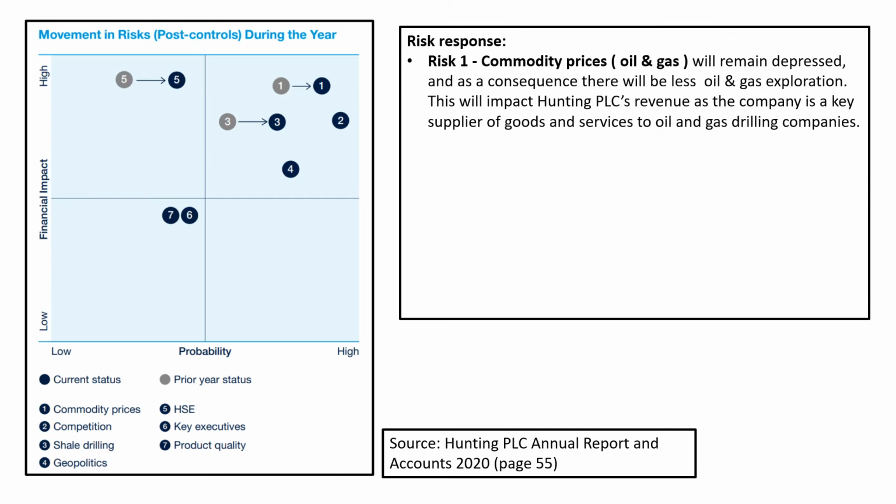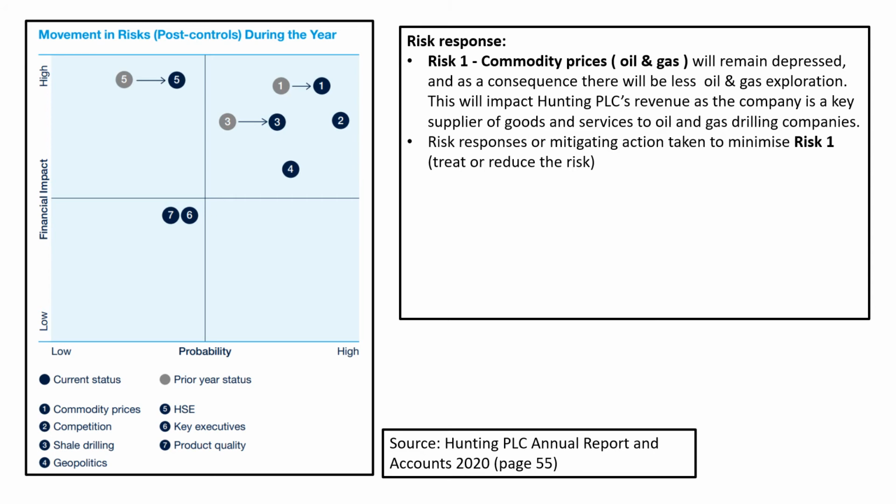Risk 1. Commodity prices of oil and gas will remain depressed, and as a consequence there will be less oil and gas exploration. This will impact Hunting plc's revenue, as the company is a key supplier of goods and services to the oil and gas drilling companies.